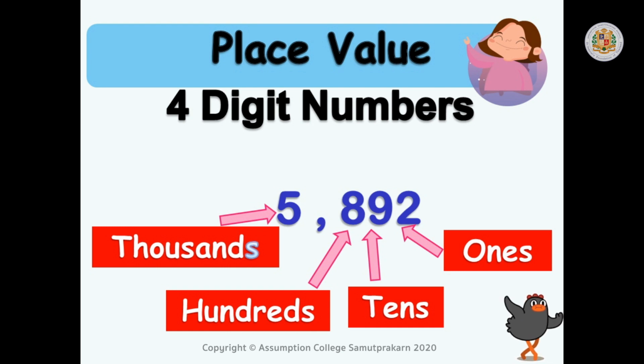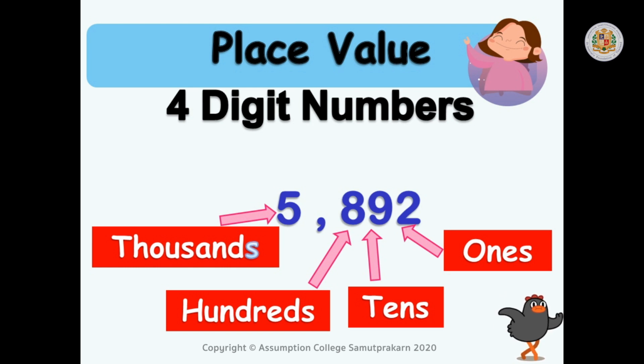Now, we will consider what is the difference between place value and the value. Digit 2, the value is 2. Digit 9, the value is 90. Digit 8, the value is 800.